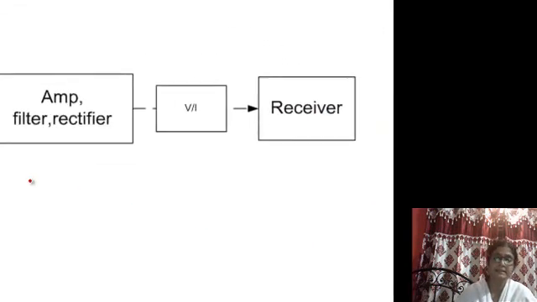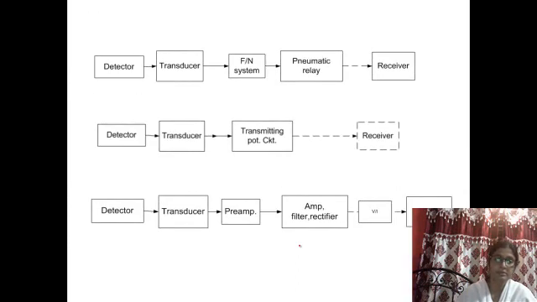That is, the signal is a pneumatic signal, that means a pressure operated signal, or an electric signal, current or voltage operated, and if the operating devices are electronic type, then that is electronic. So depending on the type of energy operation, pneumatic type transmitter, electrical type transmitter and electronic type transmitter exist.